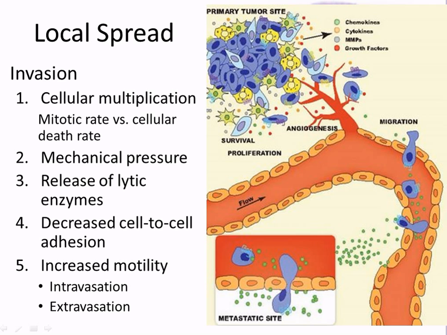So, intravasation and extravasation, two terms. Intravasation means it moves through the membrane and into the blood vessel. Extravasation means it moves back out. So at the original site, you have intravasation moving in, going downstream, and then you have extravasation moving out of the vessel at the new site. And that's the local spread.